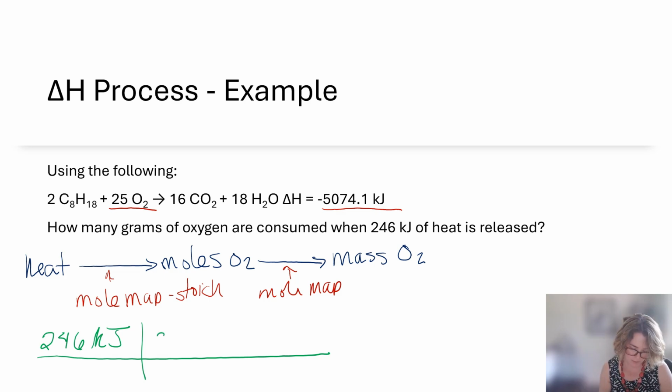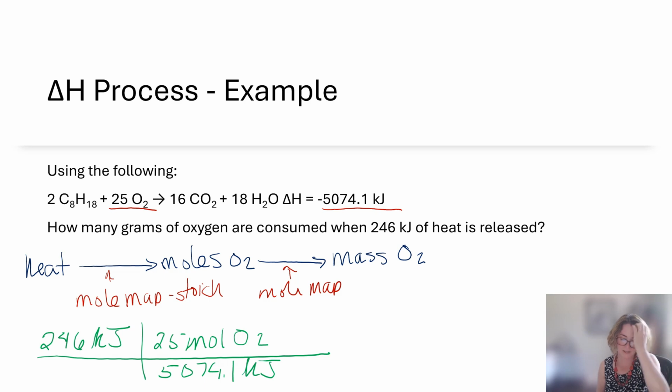I am going to say that I have 25 moles of oxygen for every 5,074.1 kilojoules of energy. Just like I mentioned in the last example, I am going to not include the negative sign here. That negative sign is just telling you that heat is being released and that this is exothermic.